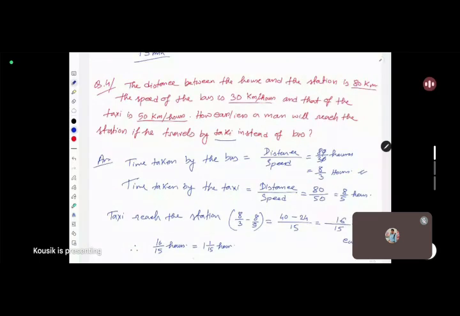So that means 1 hour, and 1 by 15 hour. 1 by 15 hour means 1 by 15 into 60 minutes.